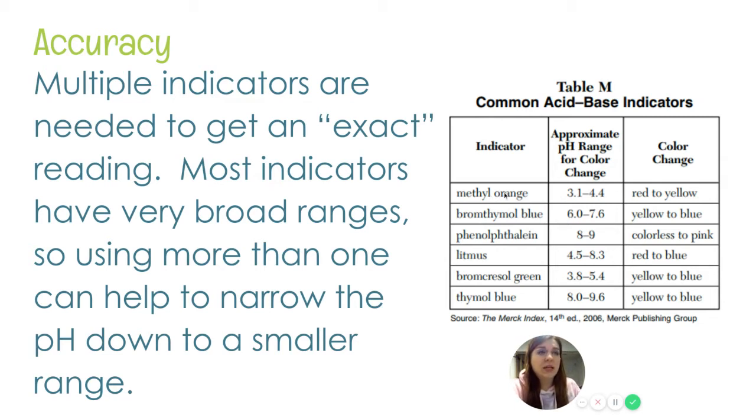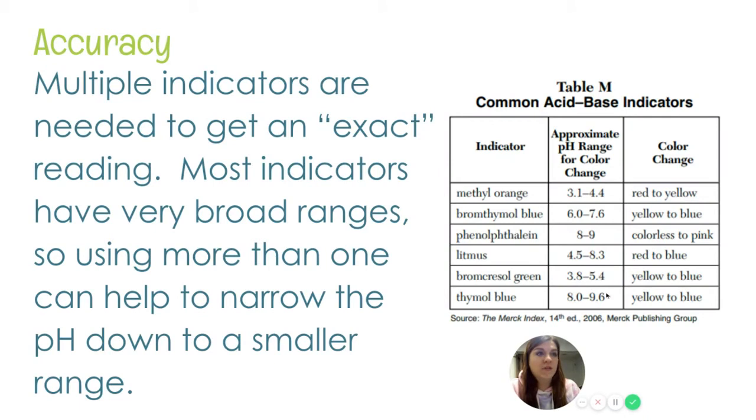So the indicator called methyl orange, if the pH is 3.1 or lower, the solution would turn red. And if our pH is 4.4 or higher, that solution would turn yellow. It's not like a specific pH turns at a specific color. It is a range. So usually we want to use a few different indicators because a lot of these ranges are very broad.